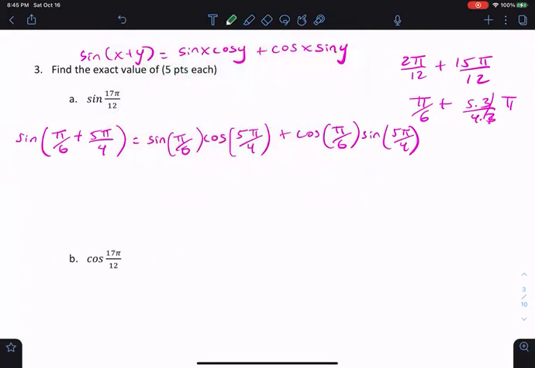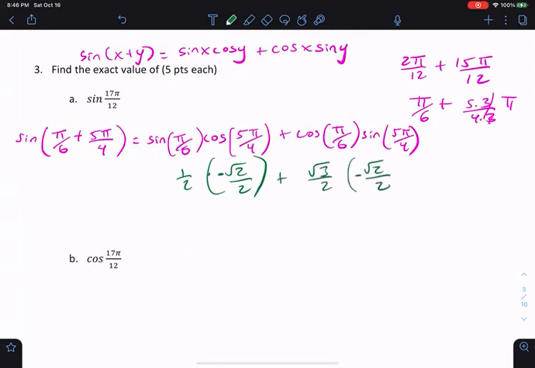So sine pi over 6 is 1/2. This is root 2 over 2, and it's going to be in the third quadrant, right? And this is square root 3 over 2, and this is root 2 over 2, but it's also negative because we're in the third quadrant. So this is going to be negative root 2 over 4, and this is going to be negative root 6 over 4. So the answer should be negative root 2 minus root 6 over 4.